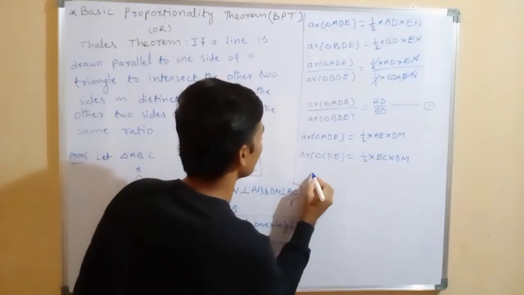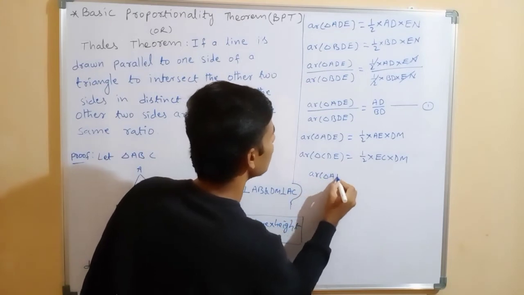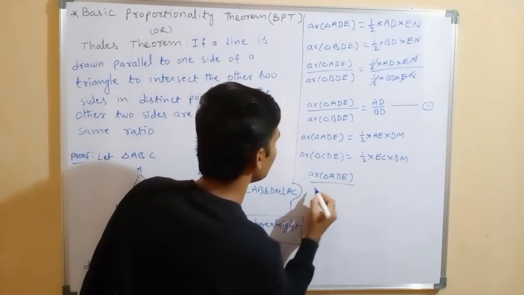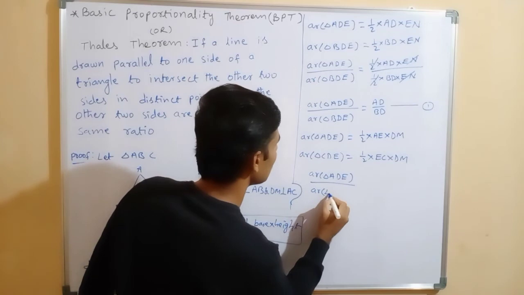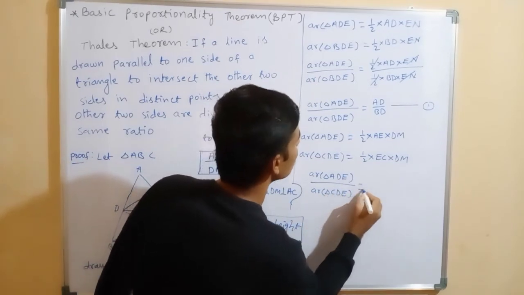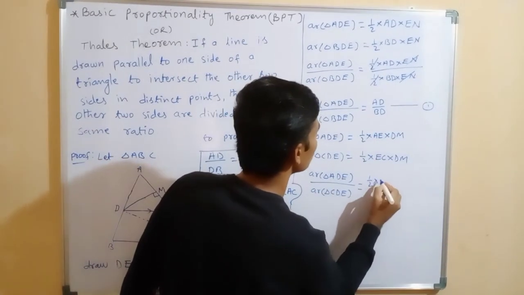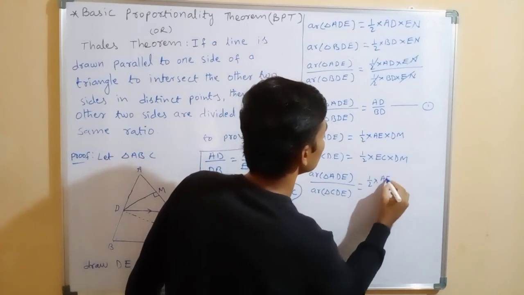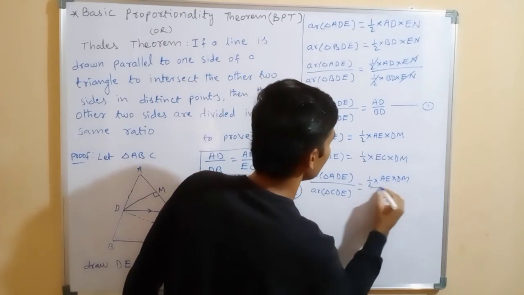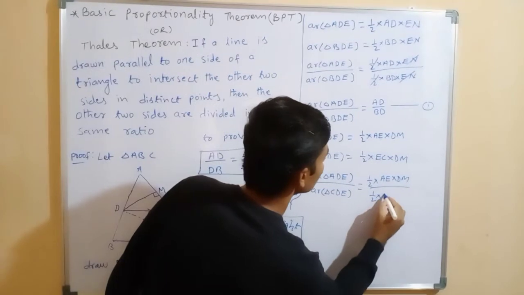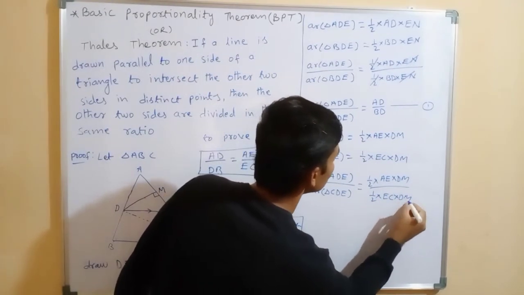Now find the ratio. The area of triangle ADE divided by the area of triangle CDE equals half into AE into DM divided by half into EC into DM.